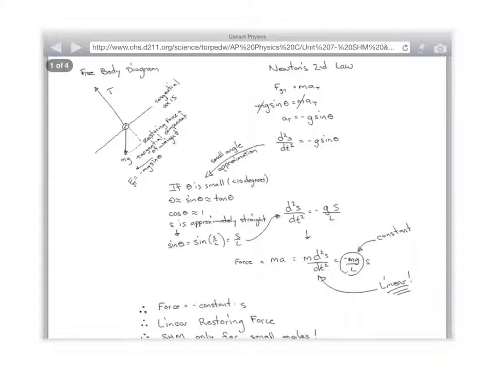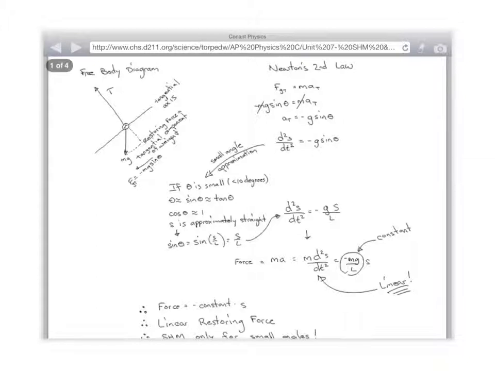So let's say initial conditions, what do you want to do for an initial condition? Let's say theta at time 0 was equal to, I don't know, theta max.